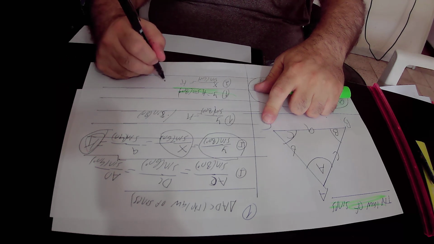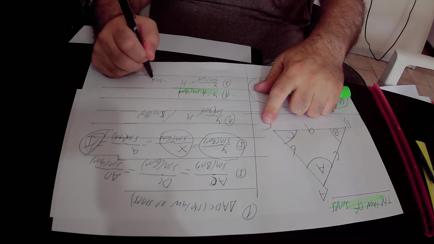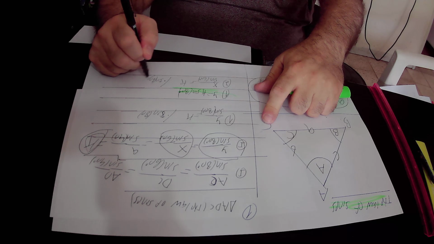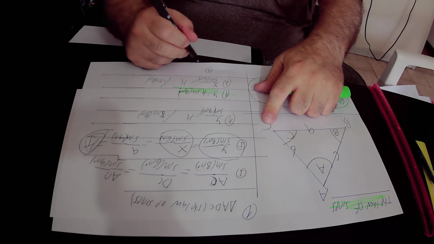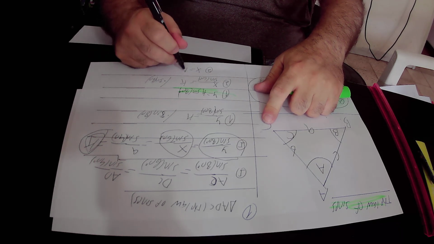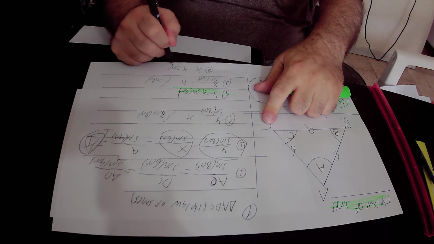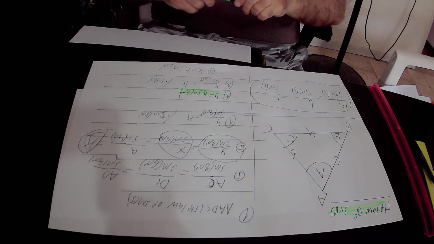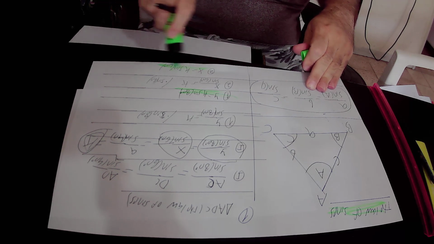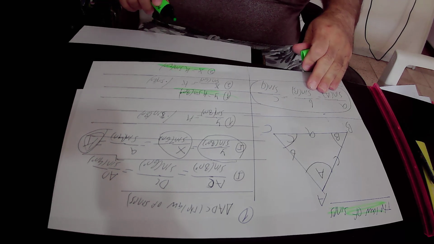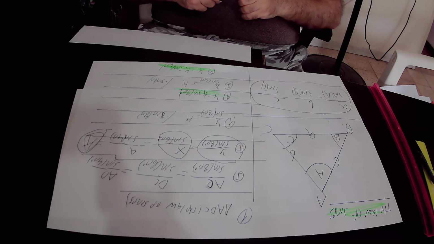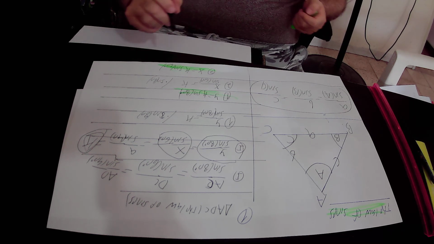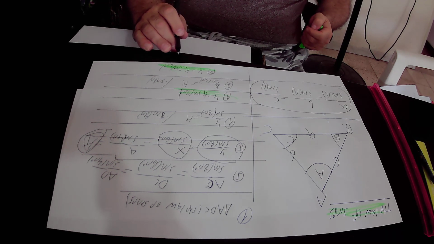Here we multiply this equation number 2 by sine 60 degrees, and we get that x equals k times sine 60 degrees.